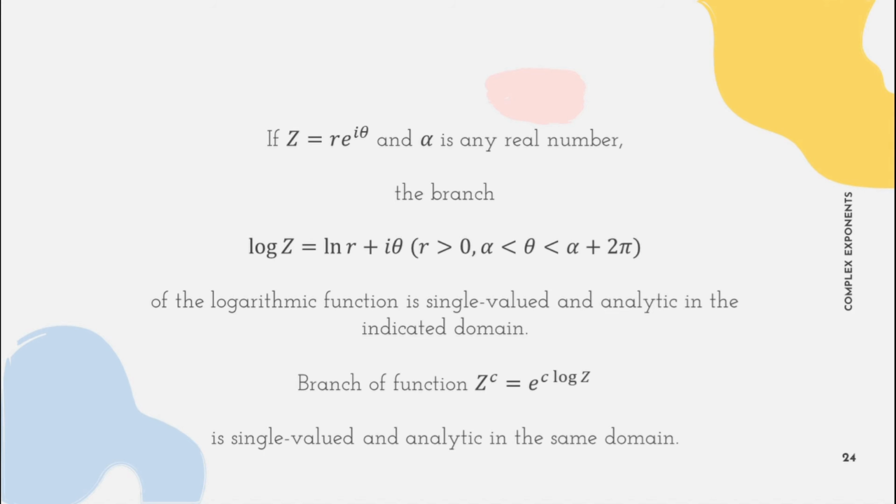This equation is single-valued and analytic in the indicated domain. Then, in the complex exponent function, the branch of the function z^c is equal to exp(c times log z), which is also single-valued and analytic in the same domain.